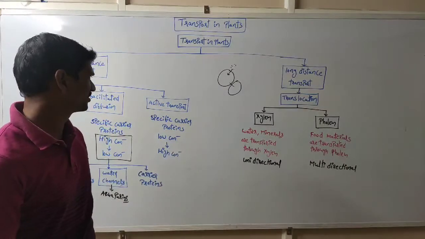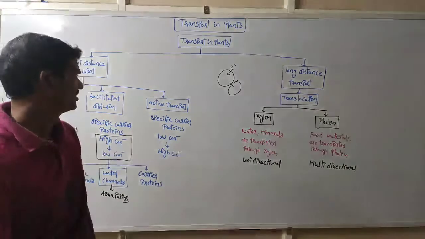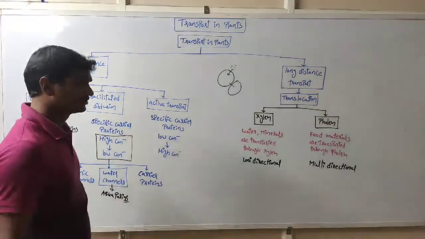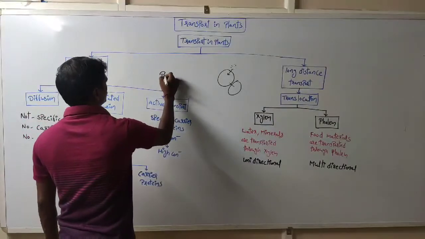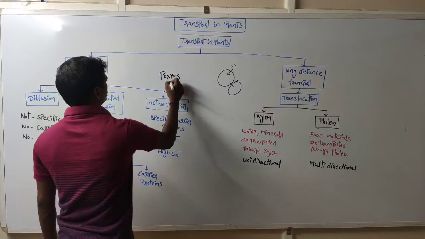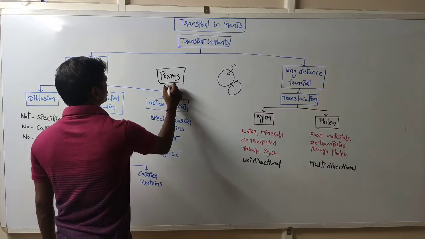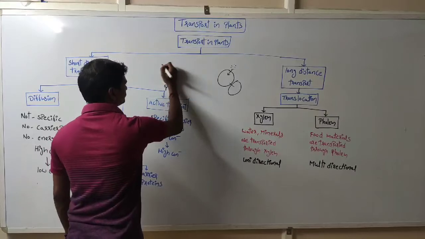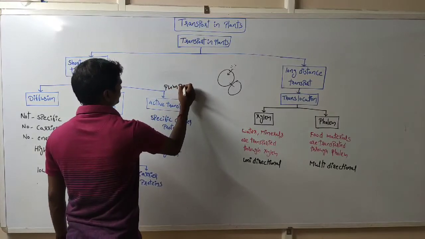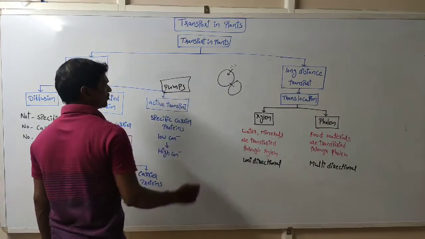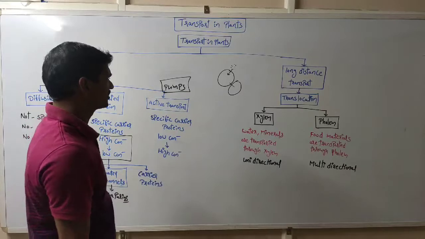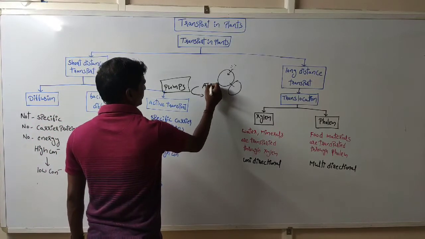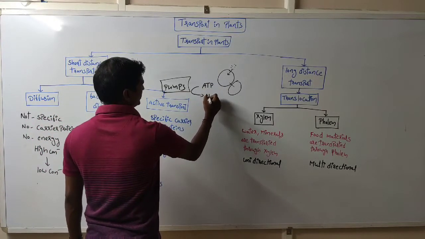And next one is the active transport mechanism. Here also specific carrier proteins are involved, which are also called pumps. They majorly utilize energy, ATP.